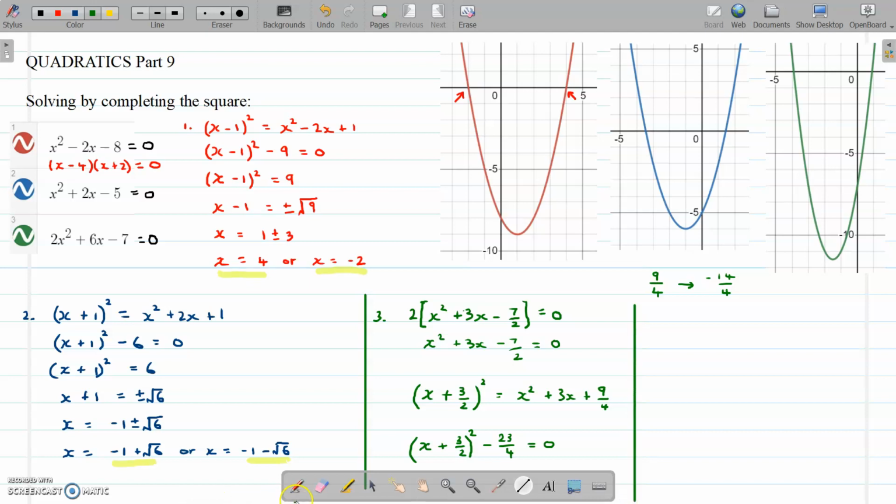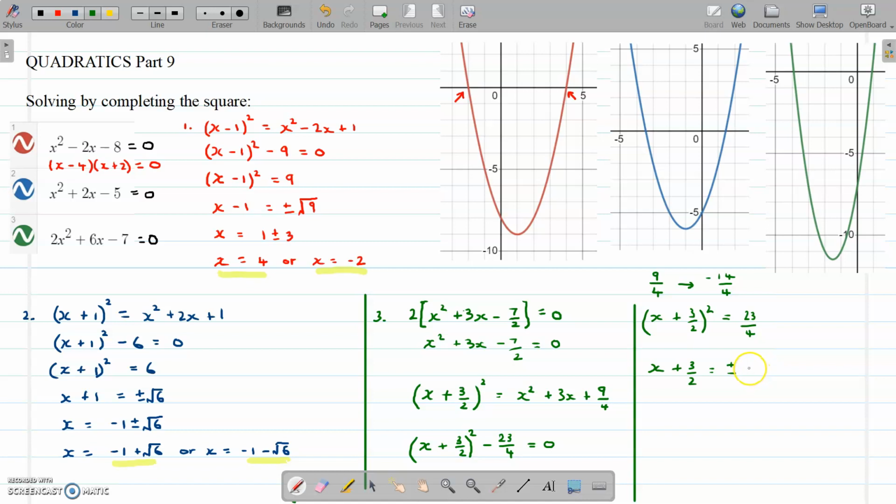So if I come across here now, then I've got x plus 3 over 2 squared would give me 23 quarters, and then I need to square root, so x plus 3 over 2 would equal plus or minus the square root of 23 quarters.